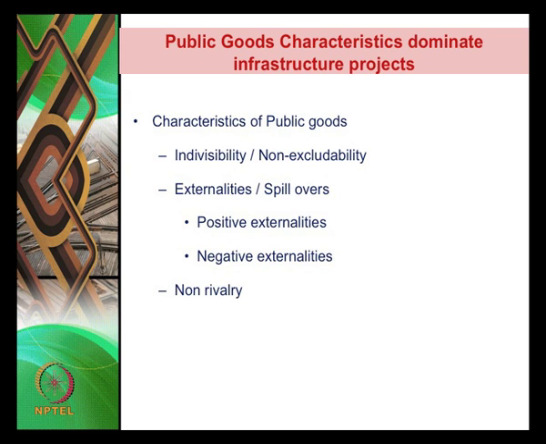Now let us look at some of the characteristics of infrastructure projects. Before that, we should also understand a little about public goods. In economics, any good can be broadly classified into two categories: public goods and private goods. What is a public good? We can understand public goods by their main characteristics, which is indivisibility.